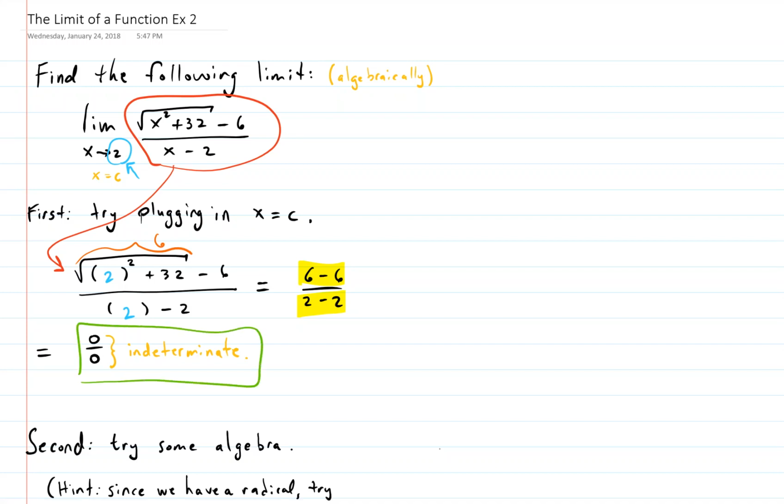0 over 0 is called indeterminate because when you have a limit, you're actually taking the limit of the numerator and the denominator. You have the limit of two separate functions that are both competing to get to 0, and you don't know which one will win, meaning you don't know which one will get to 0 first.